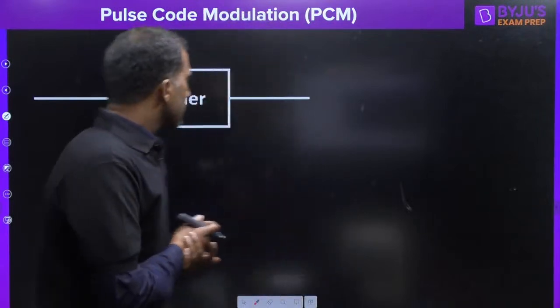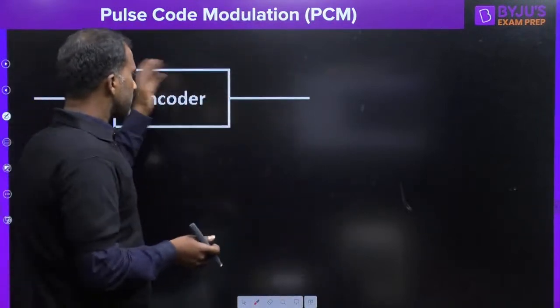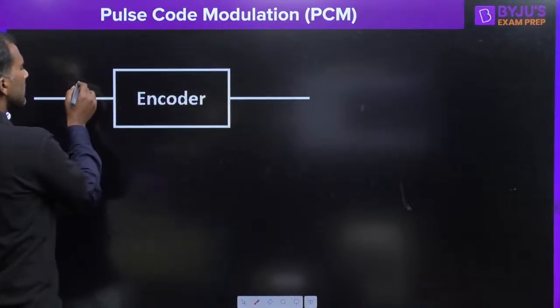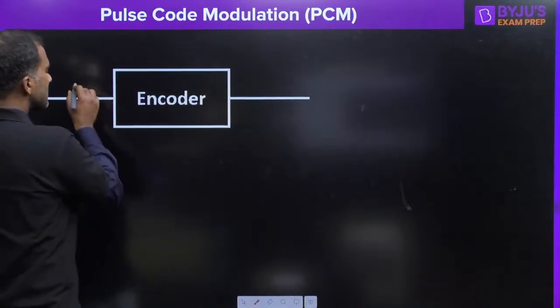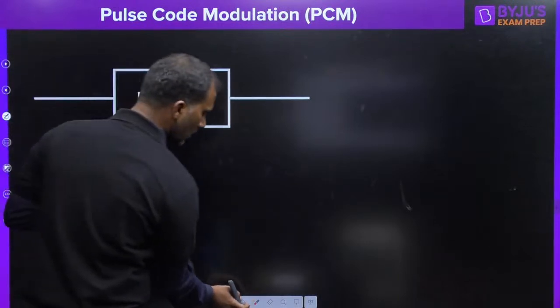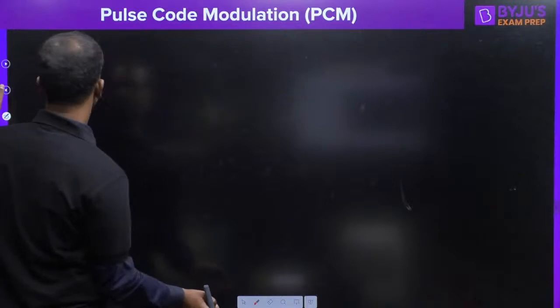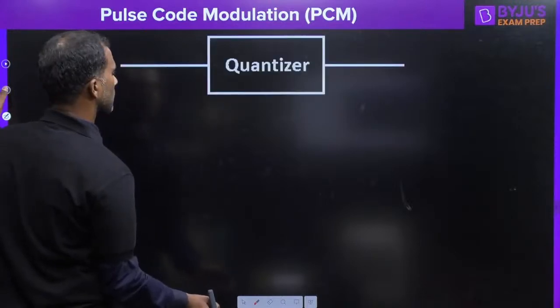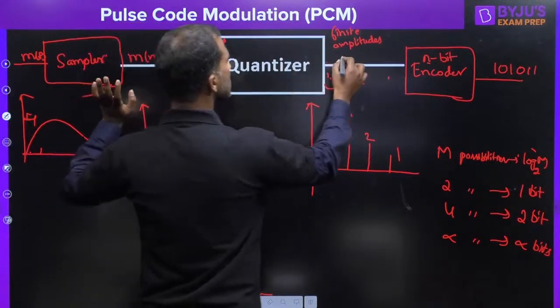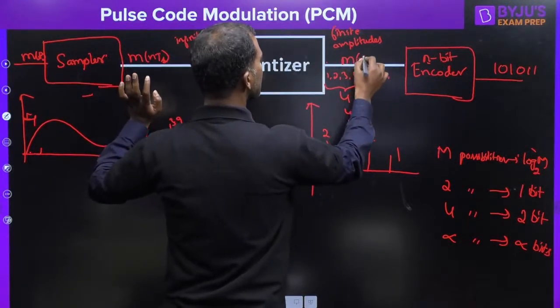We have already talked about the encoder in the previous slide. What does the encoder do? It converts the quantized samples. So m(nTs), what do we have here?